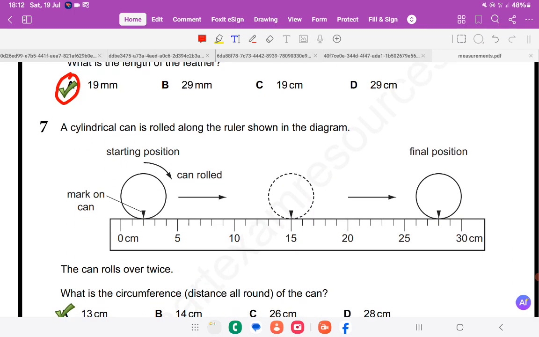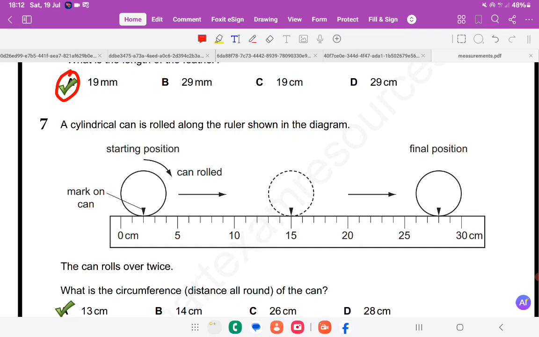Number 7, a cylindrical can is rolled along the ruler shown in the diagram. So we have a can here, which is being rolled along the length of a ruler. Okay, and we are told that the can rolls over twice.